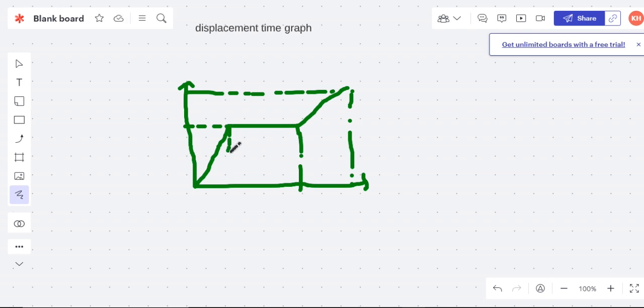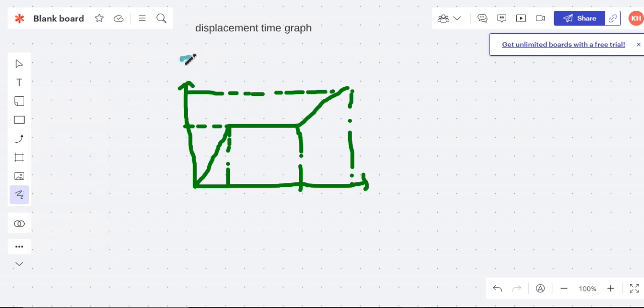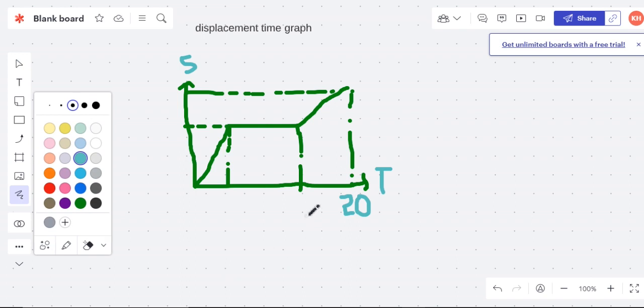It's almost done. Let's take a light marker so it will be prominent when I write. This is displacement and this is time. Here the value is 20, here it's 15, and this is 10 and this is 0.